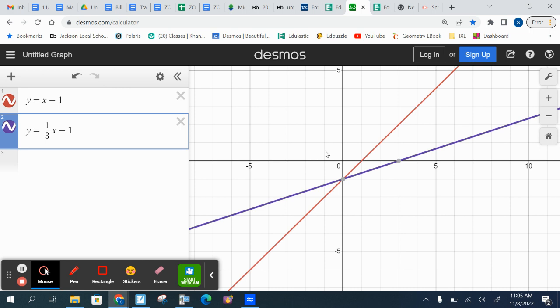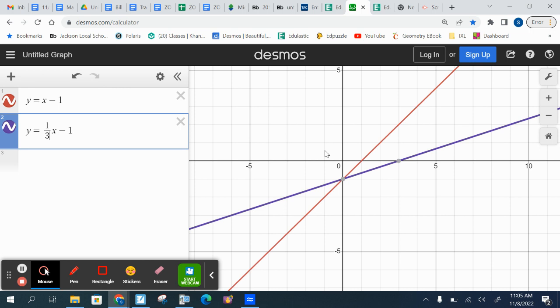And how do I know that? Because the y-intercept stays the same, and because if I compare the y values here, this is 0 and that's 2. That's not being stretched by a factor of 3. So it doesn't work vertically, it only works horizontally.